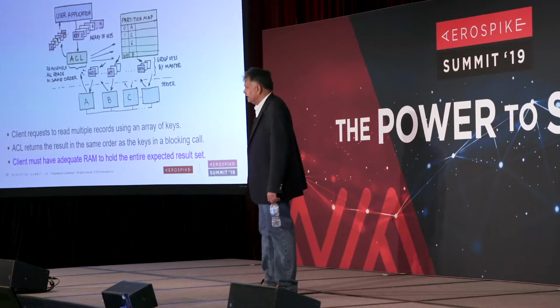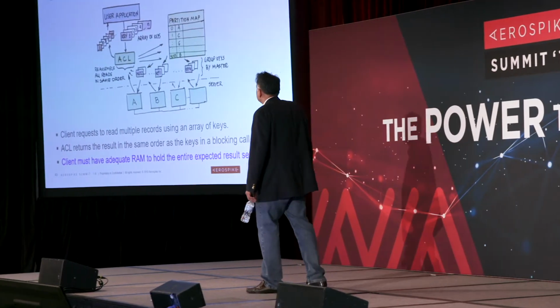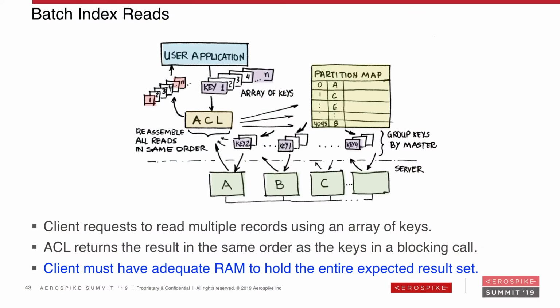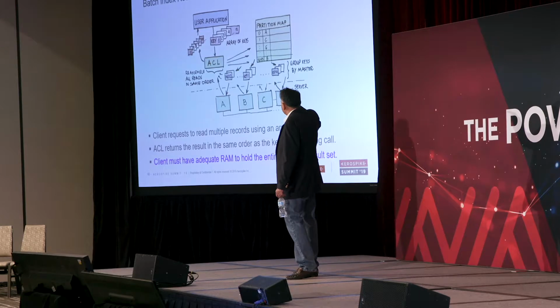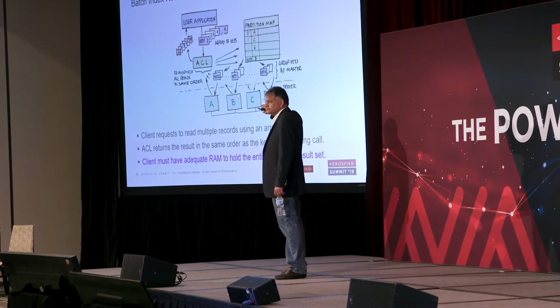Okay. Now, finally, a few more things that are available. Batch index reads, where you have your user application wanting to read a bunch of keys, an array of keys. So you assign that to the client library. It's going to figure out the master for each key and rearrange your keys in groups by master node and send each master those keys.